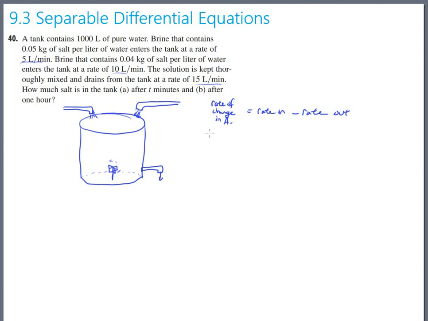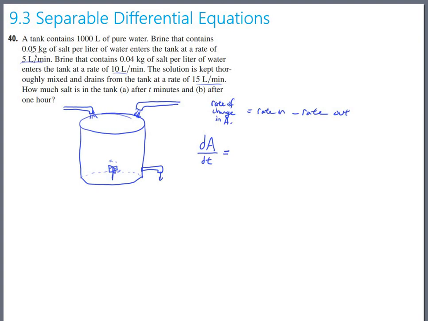Okay, so let's see if we can set that up. So let's say that the derivative of the amount function with respect to time is equal to the rate in. Okay, let's go on with the rate in.